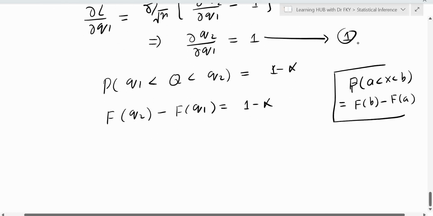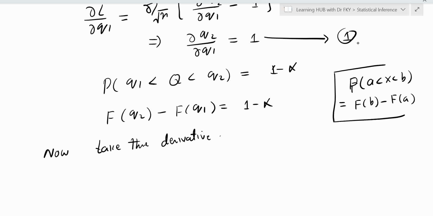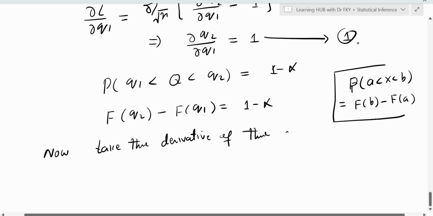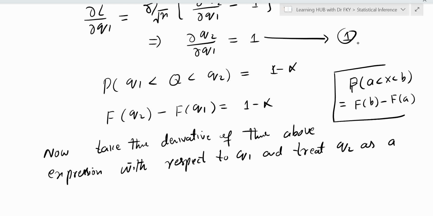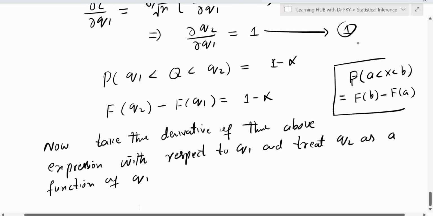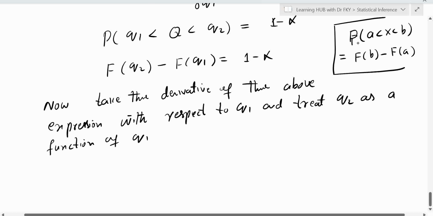Now again, take derivative of the above expression with respect to Q1 and treat Q2 as a function of Q1.